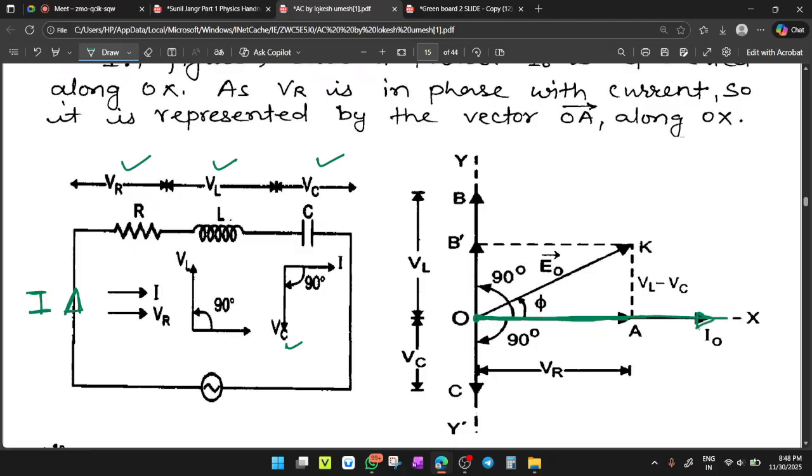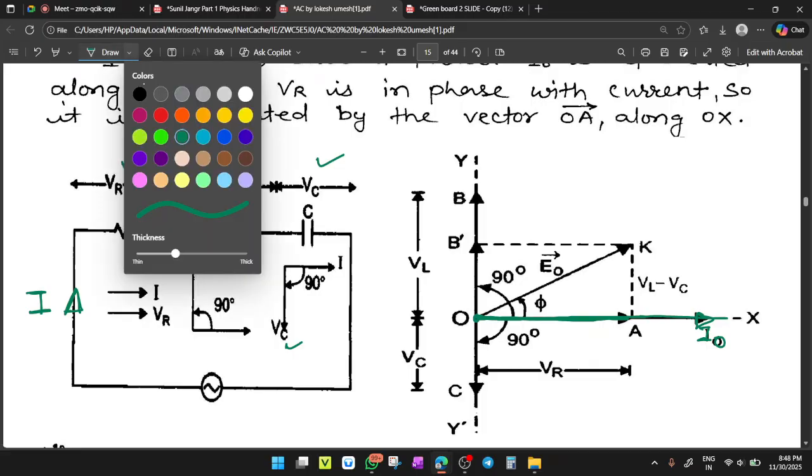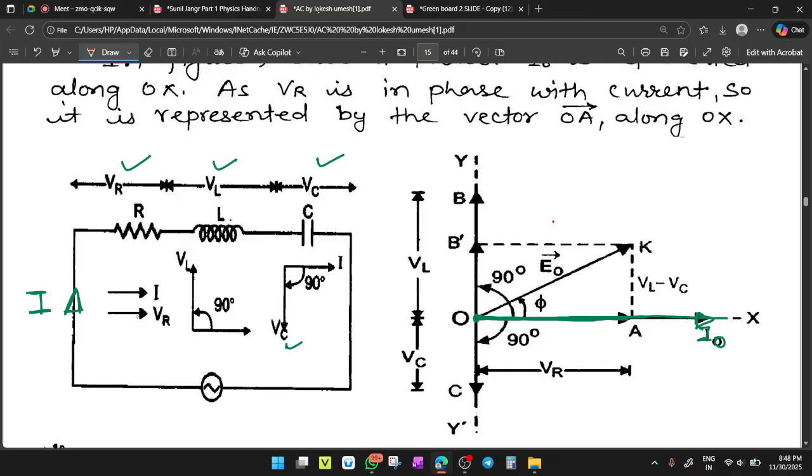Consider the phasor for current equals I naught. Now, you know the resistive voltage is in the same phase as the current. So with an angle of 0 degrees, in the direction of current, take the resistive voltage VR.